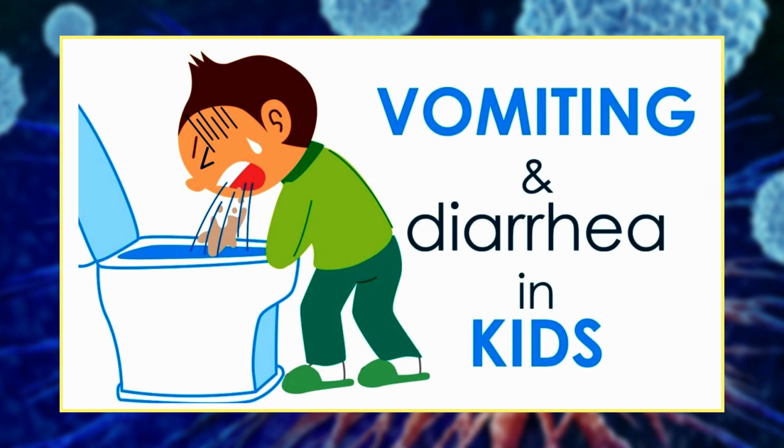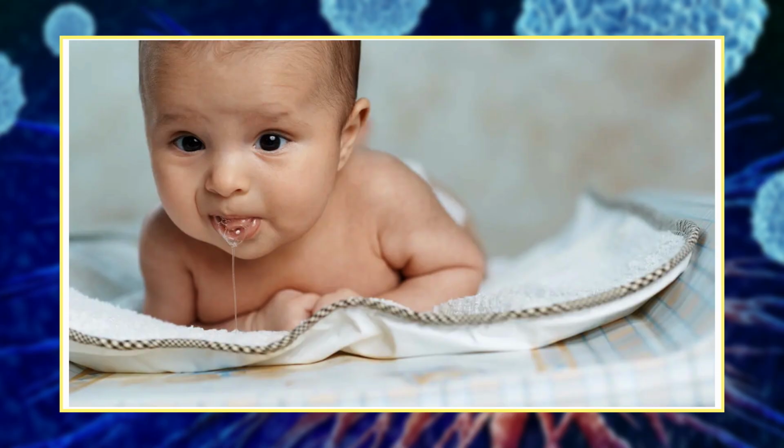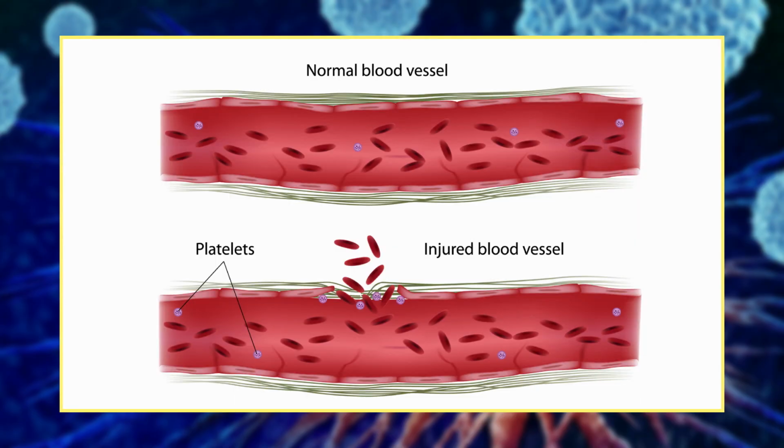Vomiting and diarrhea. These processes remove the pathogens and toxins in the gastrointestinal tract. The physical flushing action of body fluids. Fluids such as urine, tears, saliva, perspiration and blood from the injured blood vessels also flush the microbes from the body.